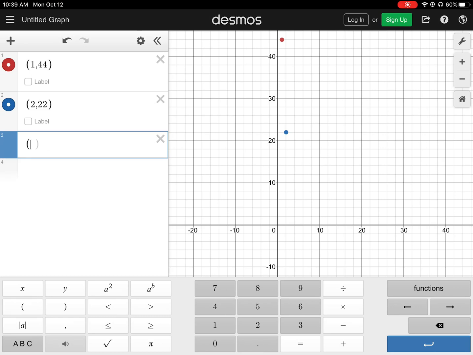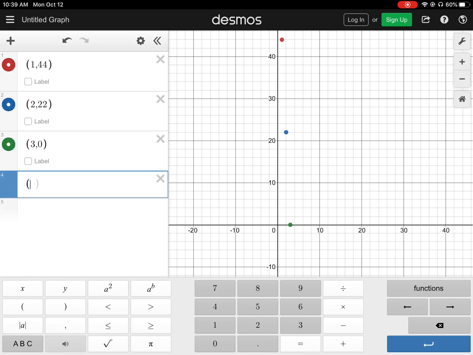My third one was 0. My fourth one, negative 22.